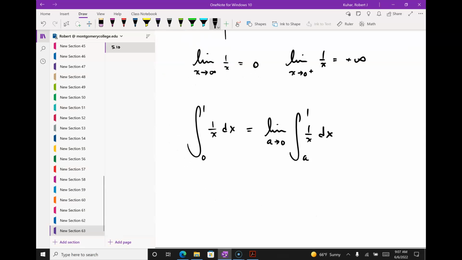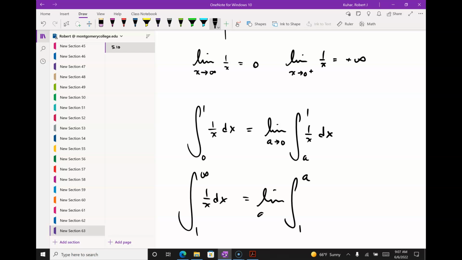Same thing with this one. As I build my integral from let's say 1 to infinity of 1 over x, I want to replace that infinity with a letter and look at the limit as a, that letter, goes to infinity of 1 over x.